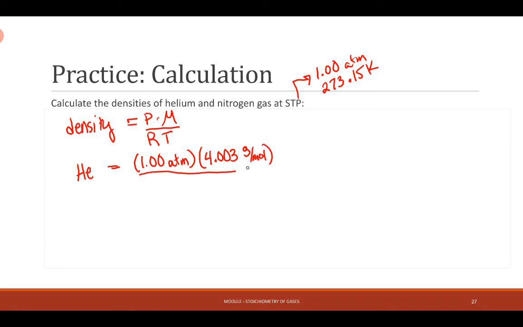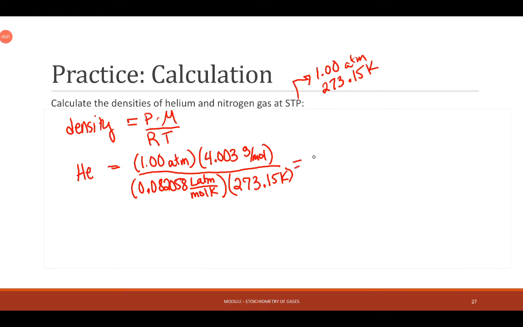I'm going to use the R value associated with atmospheres, 0.082058 liter atmospheres per mole Kelvin. And then I'm going to use my temperature, which is 273.15 Kelvin.